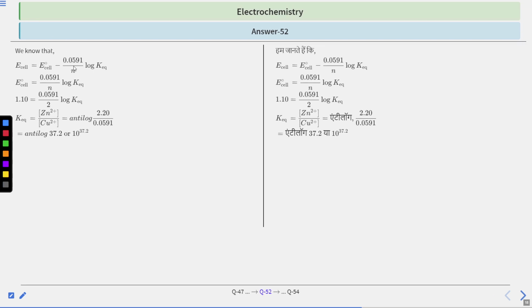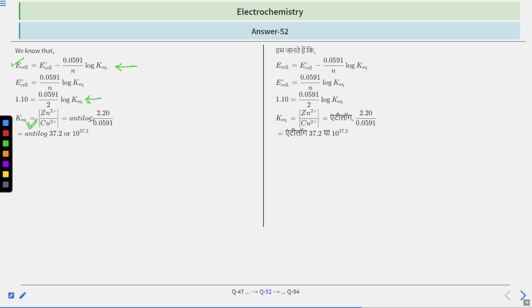So we know that according to the Nernst equation, E cell is equal to E° cell minus 0.0591 upon n log K. We have equilibrium, so E cell will become 0, and E° cell will be equal to 0.0591 upon n log K. Let's put the values: E° cell is 1.1, n is 2, because 2 electrons are exchanged. So 2 times 1.10, that is 2.20 upon 0.0591, is equal to log K. So K will become antilog of 2.20 upon 0.0591.